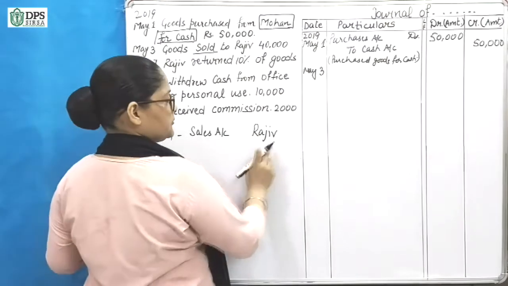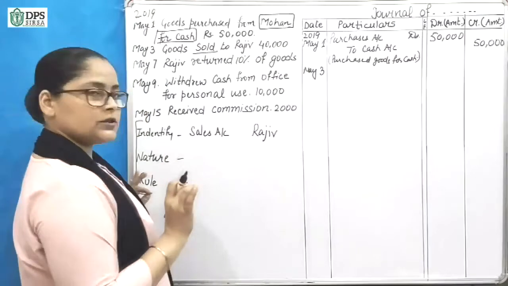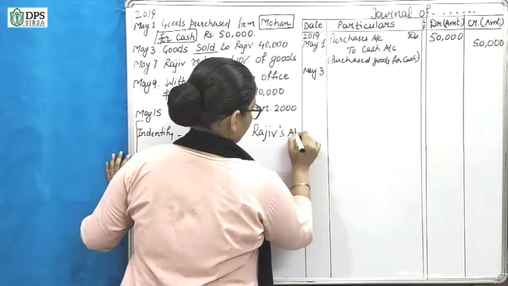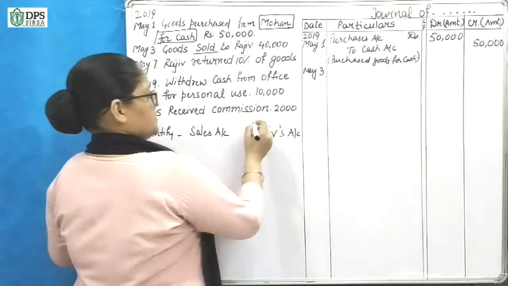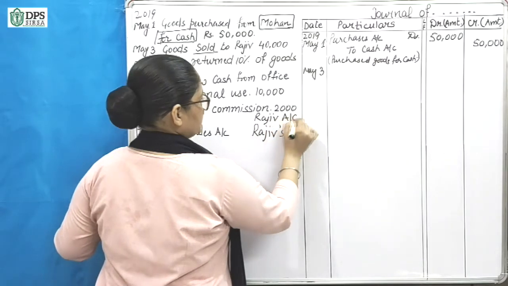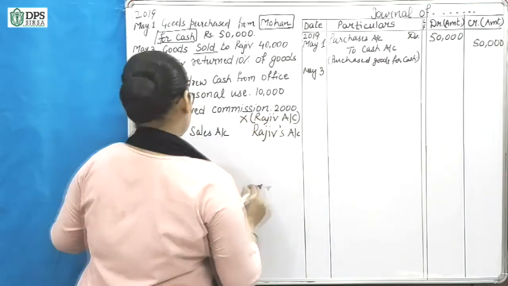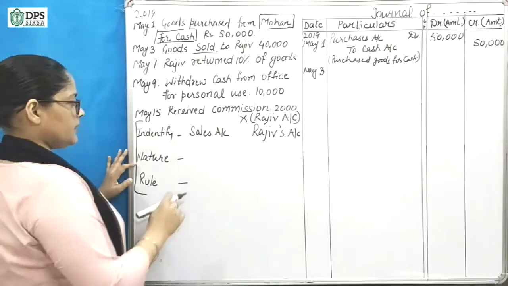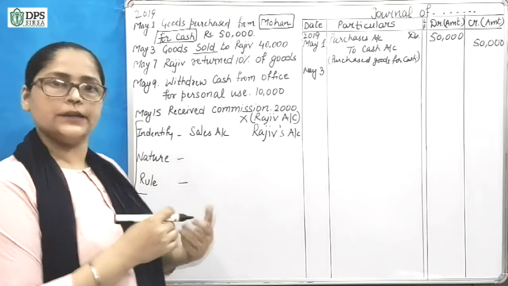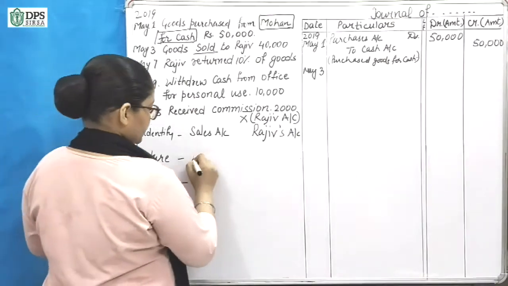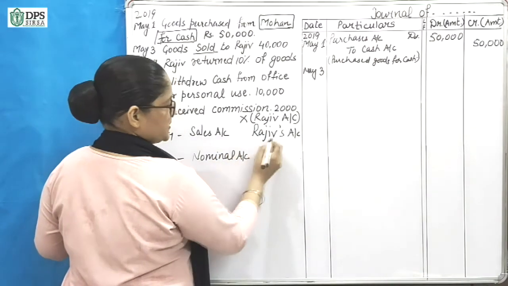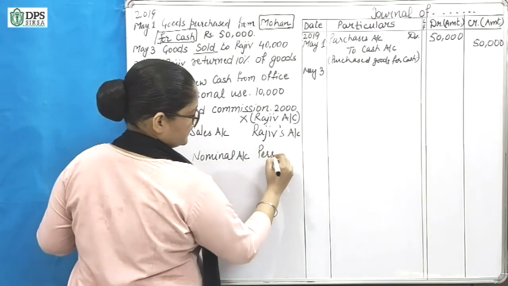So for Rajiv, we will write here only Rajiv, not Rajiv's account. When you write it as Rajiv account, it is wrong. So sales. What is the nature of sales? When we are selling something, that means we are earning income. That belongs to nominal account, and Rajiv is personal account.